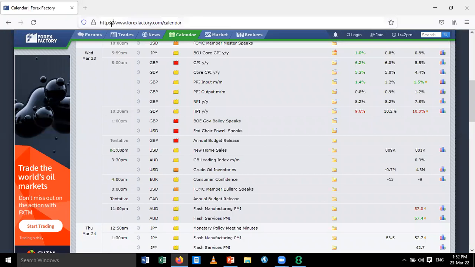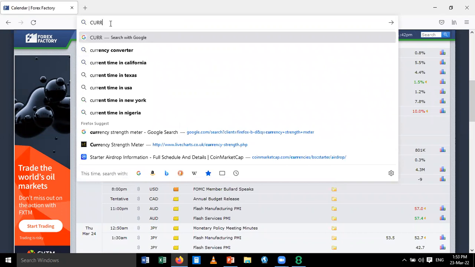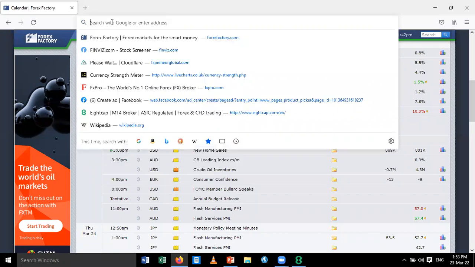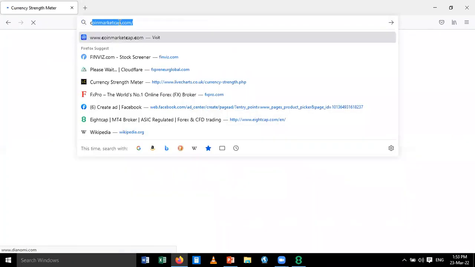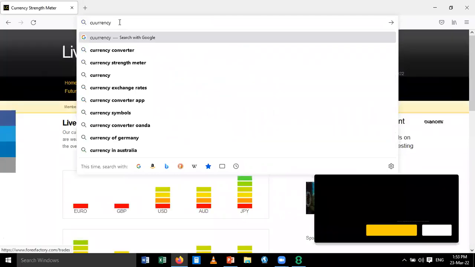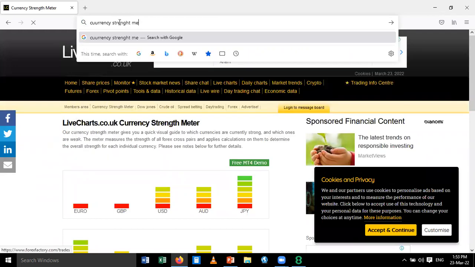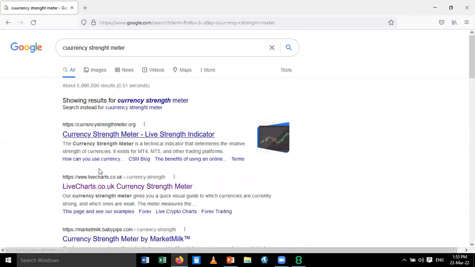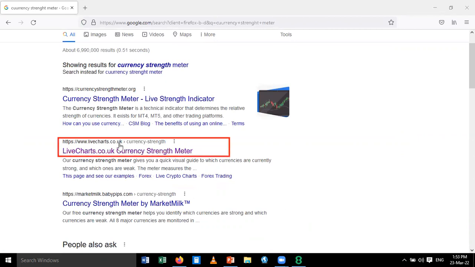and you type currency strength meter. Type currency strength meter on Google, and you have this particular one I highlighted, livechart.co.uk.